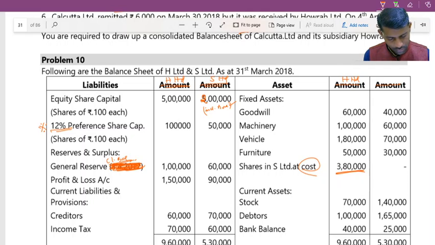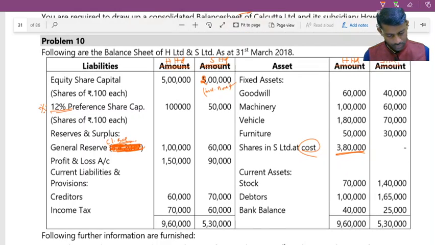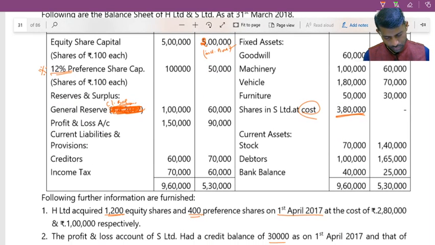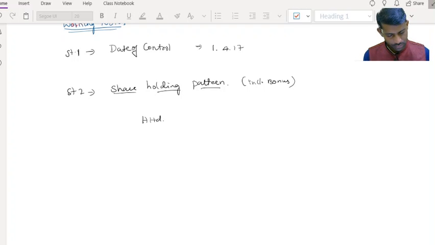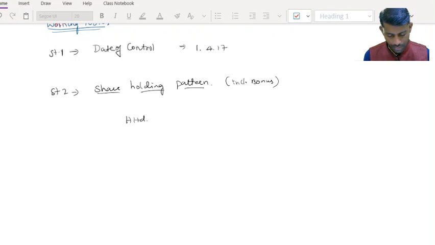H Limited: how many shares did we have first? 1,200. Total number of shares are 2,000 shares.